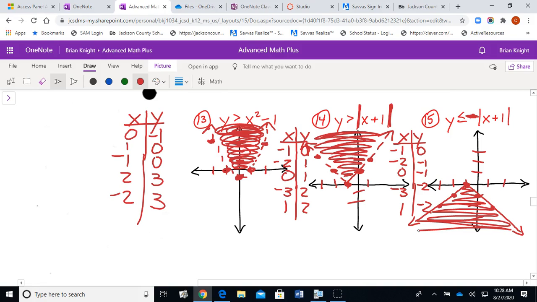Everybody good on 13, 14, 15? Yes, sir. Awesome. Can you leave it up there? I sure can. Okay. Good? Y'all just playing with me now. Next.